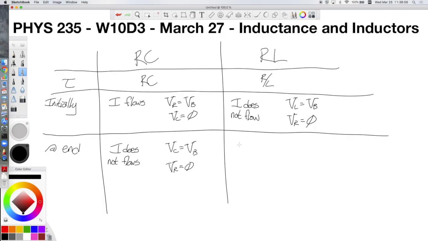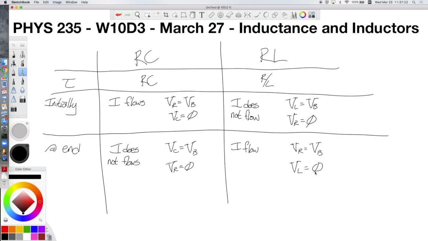Conversely, for the RL circuit, after a long amount of time, the current does flow. And all of our battery voltage is being spent at the resistor, and our inductor has 0 volts on it. So these are two kind of complementary types of circuits, at least for DC circuits.